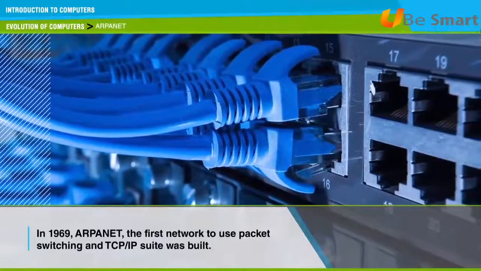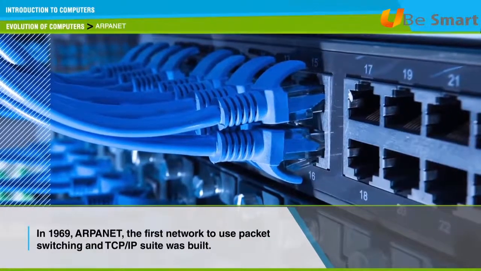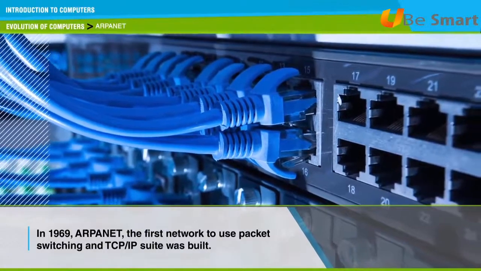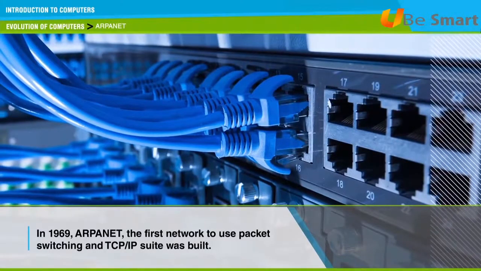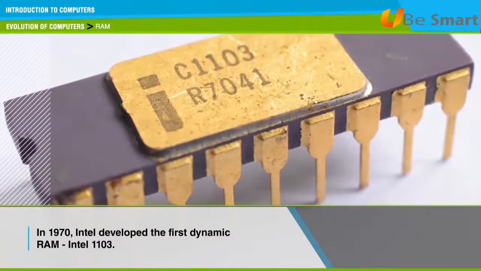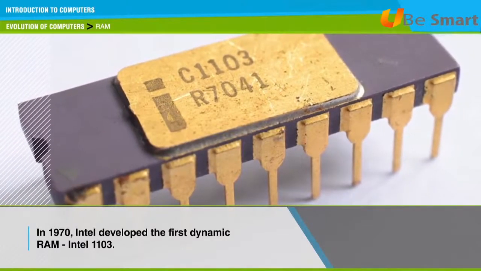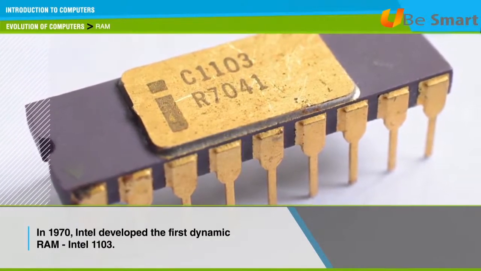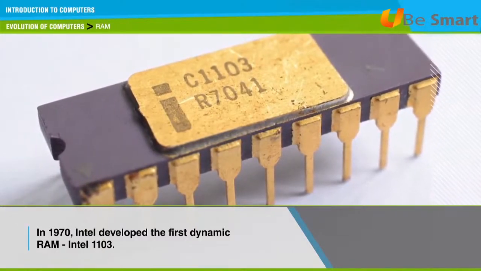In 1969, ARPANET, the first network to use packet switching and the TCP/IP suite, was built. It initially connected 4 universities in the network. In 1970, Intel developed the first dynamic RAM, Intel 1103. It replaced many later applications because of its small size and low price.